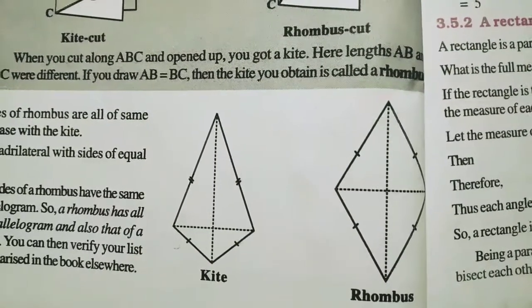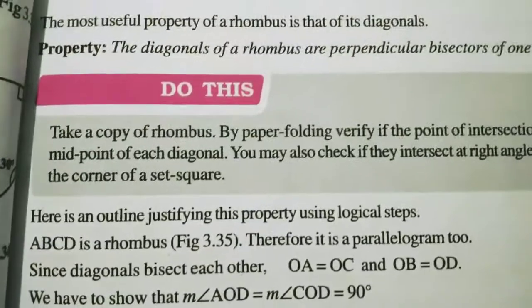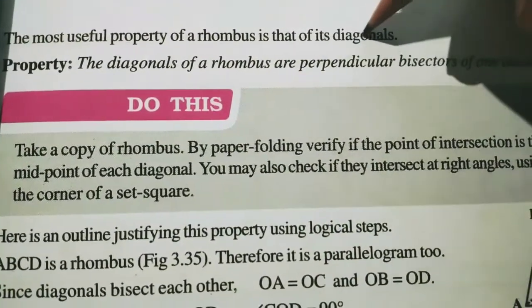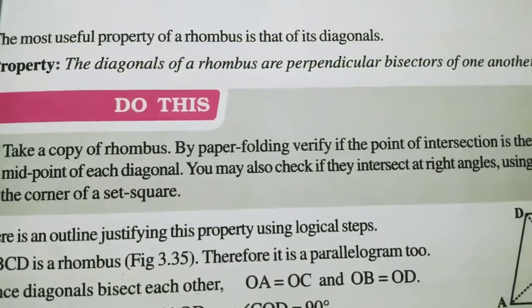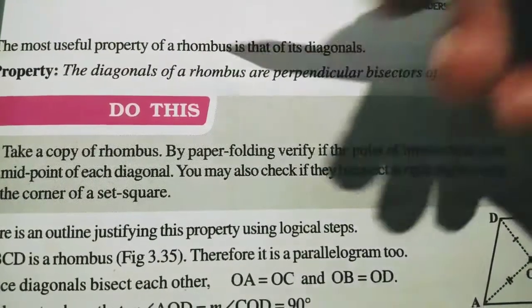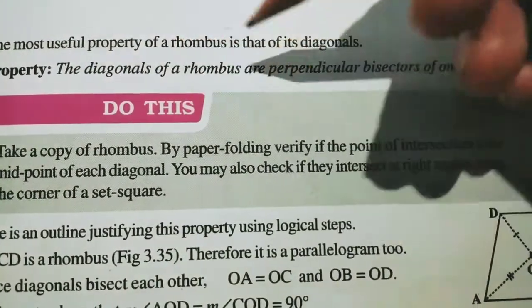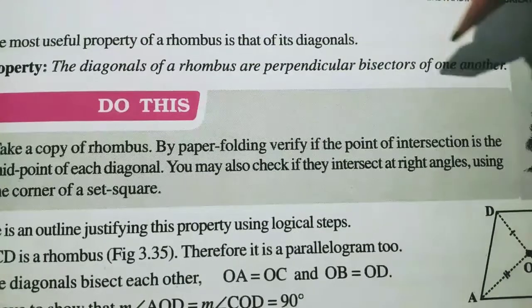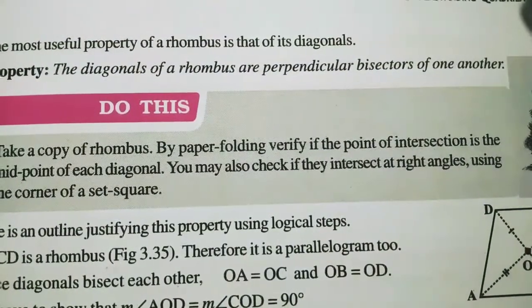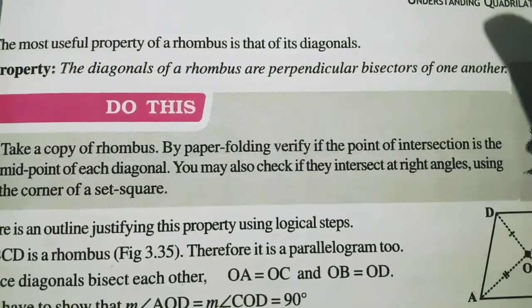See here on the next page, it is given: the most useful property of a rhombus is that of its diagonals. The diagonals of a rhombus are perpendicular bisectors of one another. This is the main property of a rhombus.